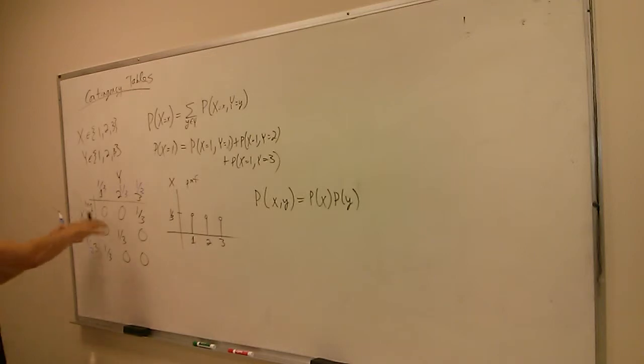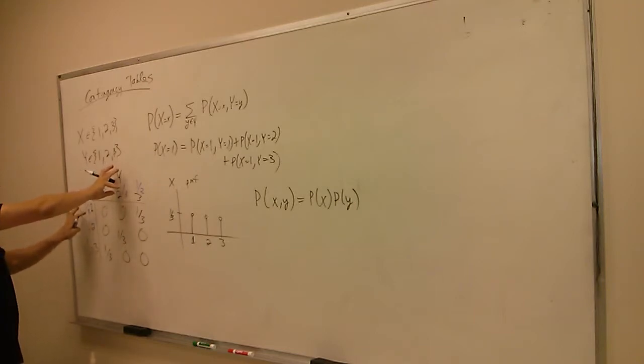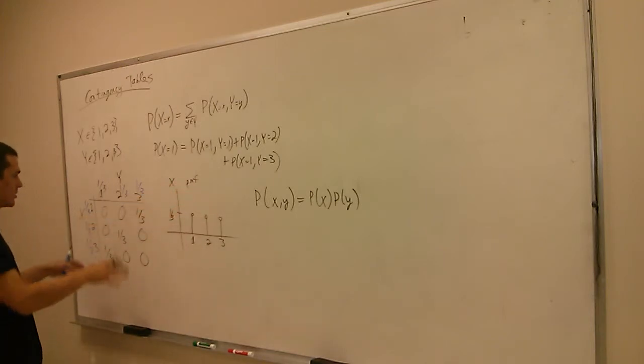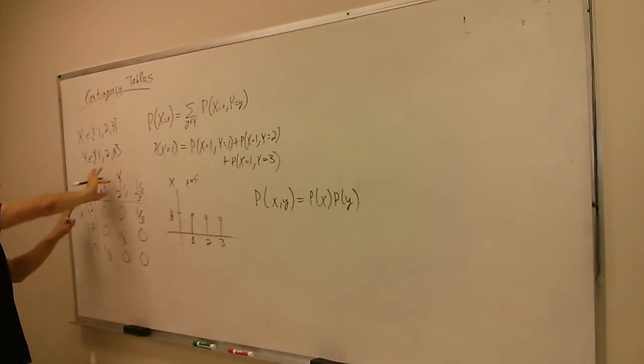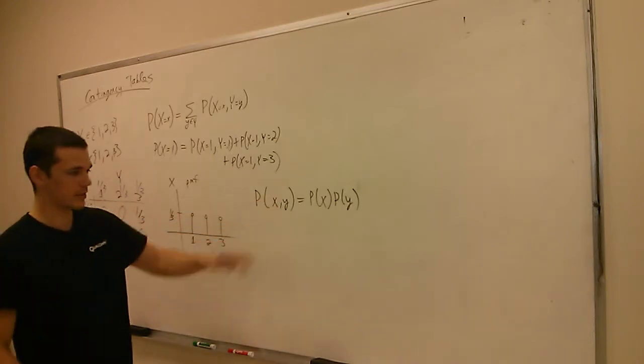If they were unrelated, then you can compute any of these probabilities just by looking at the distribution over y by itself and the distribution over x by itself, and not looking at the relationship. That's the intuition behind this idea. So if they were independent, you could just look at their marginals, their distributions by themselves, and not this joint distribution, and you could exactly describe their relationship using this, right?